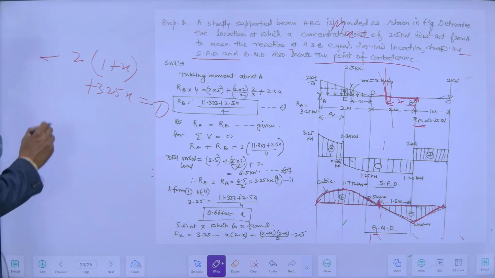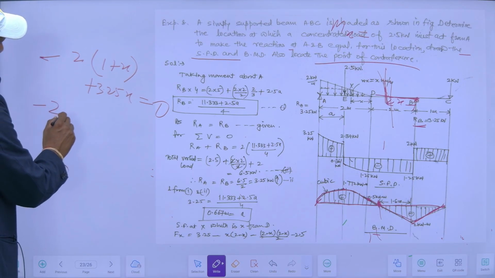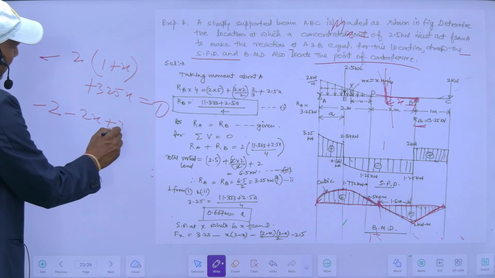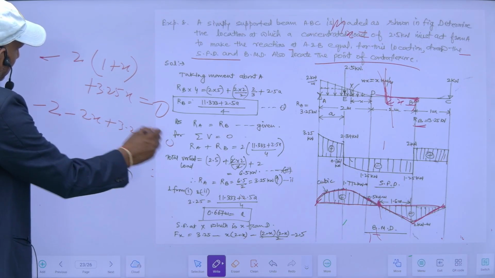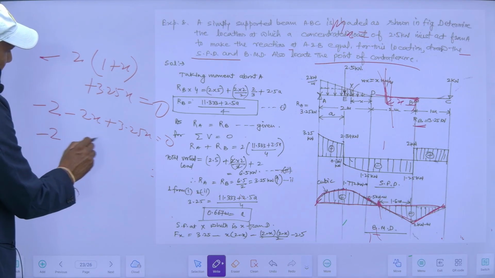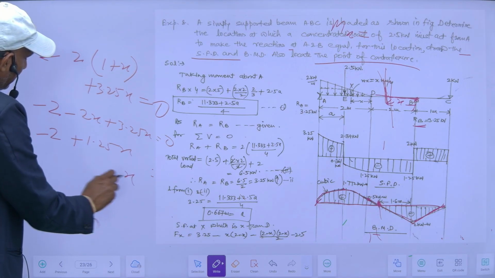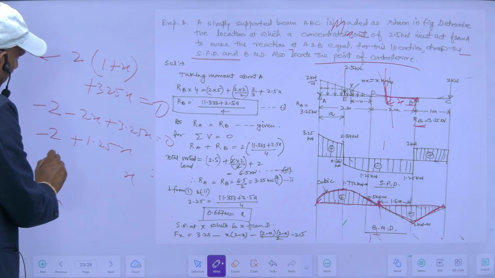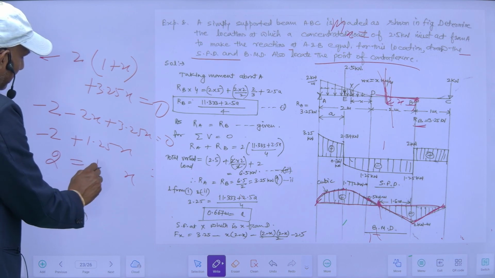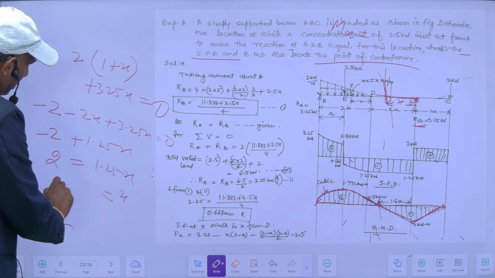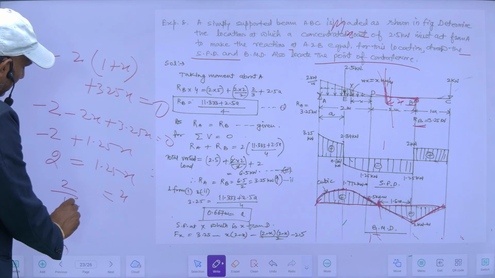It means minus 2 minus 2x plus 3.25x is equal to 0, means minus 2 plus 1.25x, so 2 is equal to 1.25x, x is equal to 2 upon 1.25.